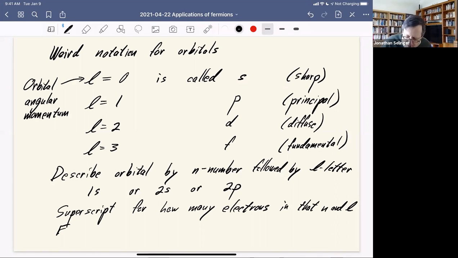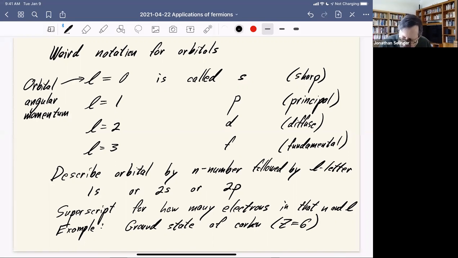So for example, in the ground state of carbon, so that is atomic number 6, right? Z equals 6. So people could write that as 1s2, then 2s2, and 2p2. Okay, so that makes 2 plus 2 plus 2 electrons, so 6 electrons.